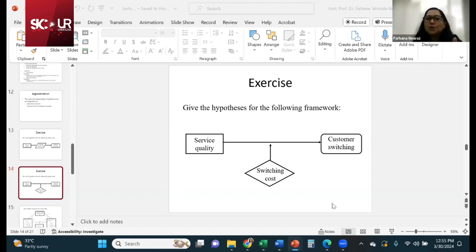Vino. Okay, so the second hypothesis, right? Higher switching costs can influence the customer switching. Same thing again, we know.